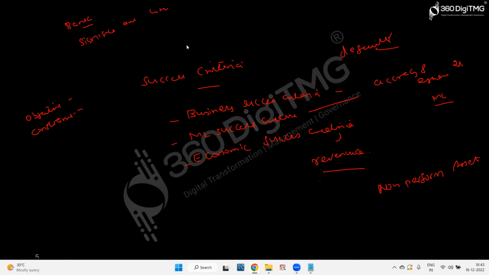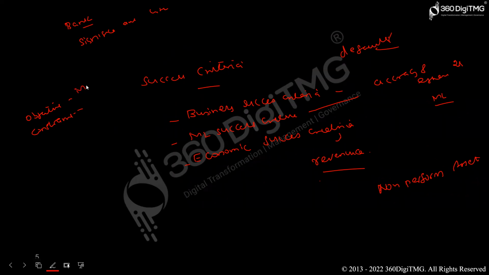The objective should be to minimize the defaulters. Then what could be the constraint? Why does the constraint come into the picture here?